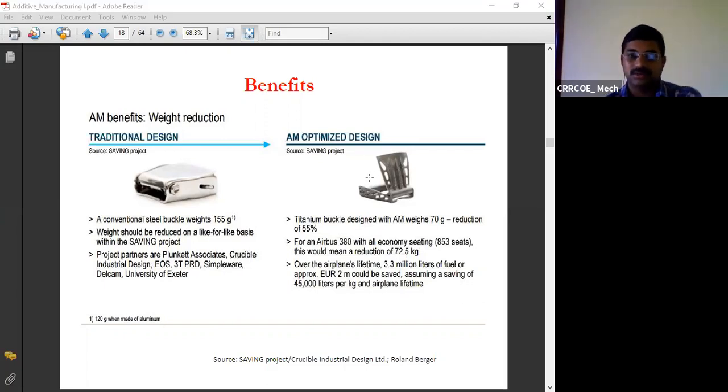What we call topology optimization means some part of the material is removed from the component, and it includes shape and size optimization also. Sometimes we may go for shape optimization and size optimization, but the function remains the same. Finally, we have to satisfy the function, and the customer must be satisfied.